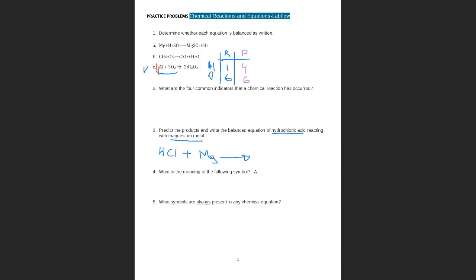Predict the products and write the balanced equation of hydrochloric acid reacting with magnesium metal. So you will need to know how to write hydrochloric acid and magnesium and predict that the reaction will give you hydrogen gas and magnesium chloride.